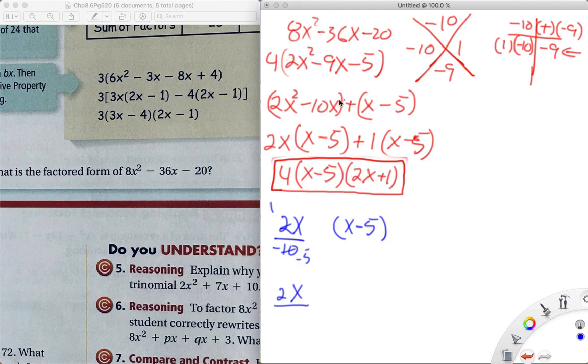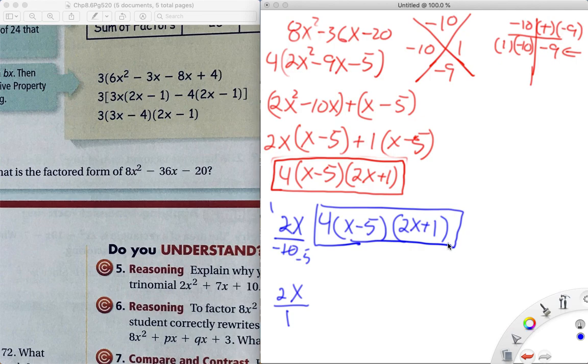In this case, we're dividing it by 1. Can't simplify that any further. So what's in the numerator is the first term, plus, in this case, whatever is in the denominator, which is 1. Hey, look at that. And don't forget that 4. 4 times the difference of x and 5 times the sum of 2x and 1.